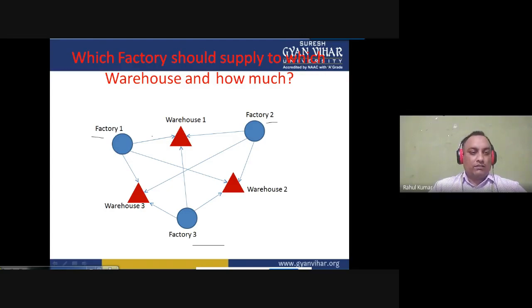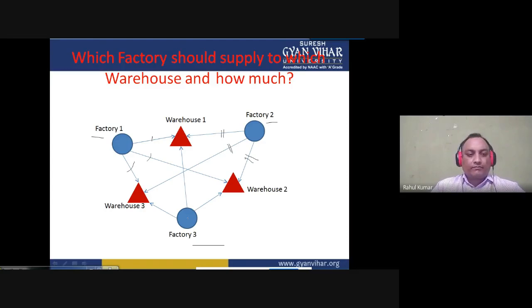So this is one chain. For factory number 2, you supply the goods or items from factory 2 to warehouse 1, factory 2 to warehouse 3, and factory 2 to warehouse 2 also. This is one composition.